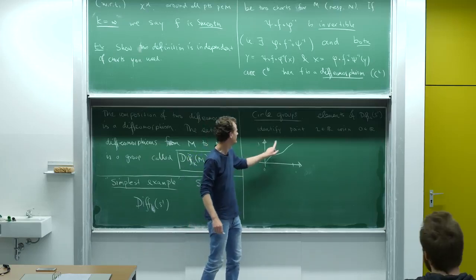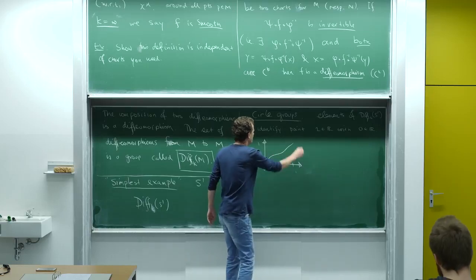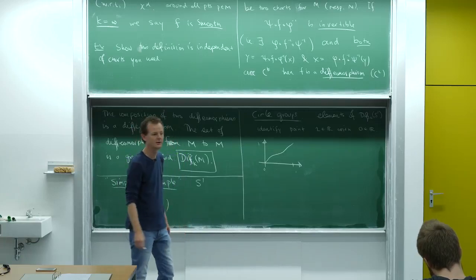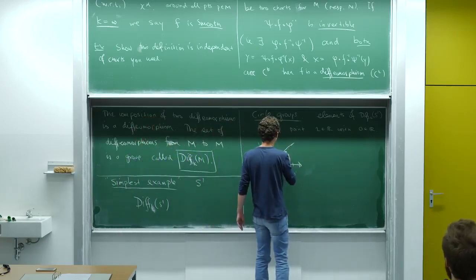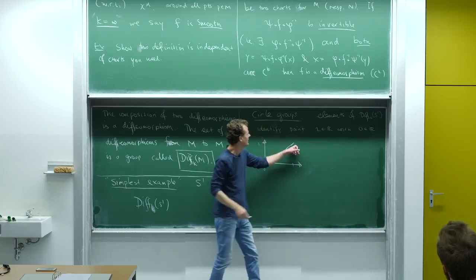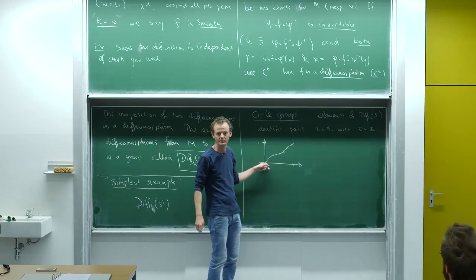So it loops around. So at this point here, the function goes all the way up. And then at that point here, it's equivalent to that point there. So that gives us a map from the circle to the circle. And it better be that the function is k times differentiable everywhere. And at this point here, the k derivatives of the function better match the k derivatives of the function down there.